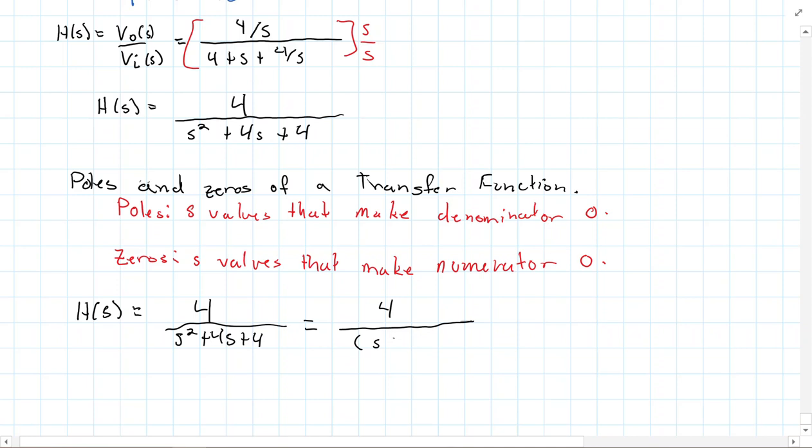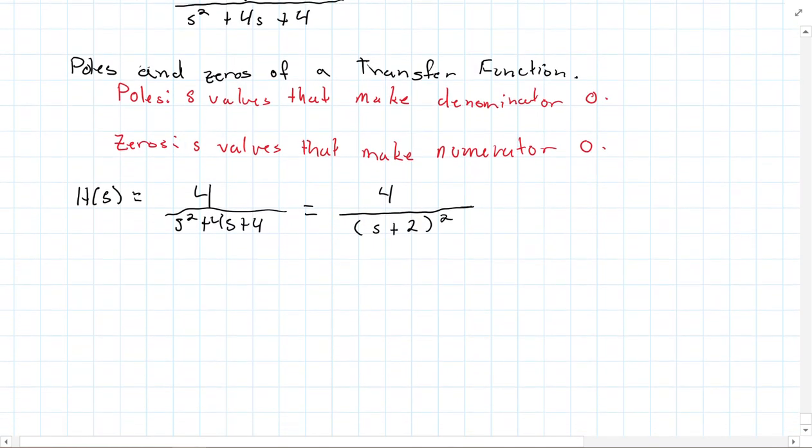And the denominator, and I picked these numbers out on purpose, factors to just s plus 2 quantity squared. Now, the zeros, so we're looking at the s values that make the numerator 0, well, there are none, because we have just 4 sitting in the numerator. It doesn't matter what you plug in for s, the numerator is never going to be 0.